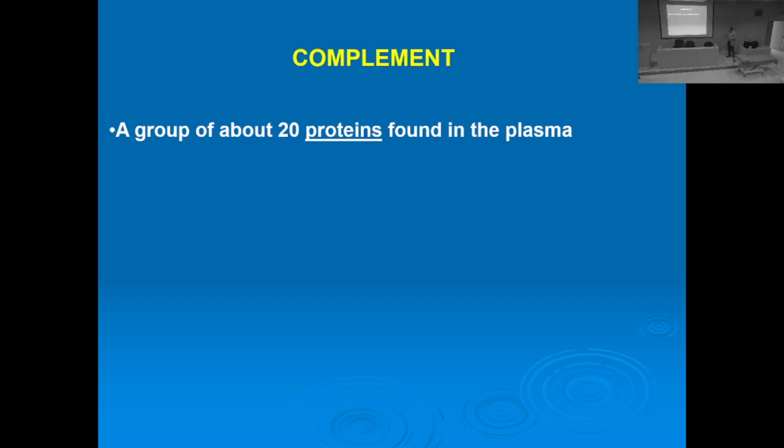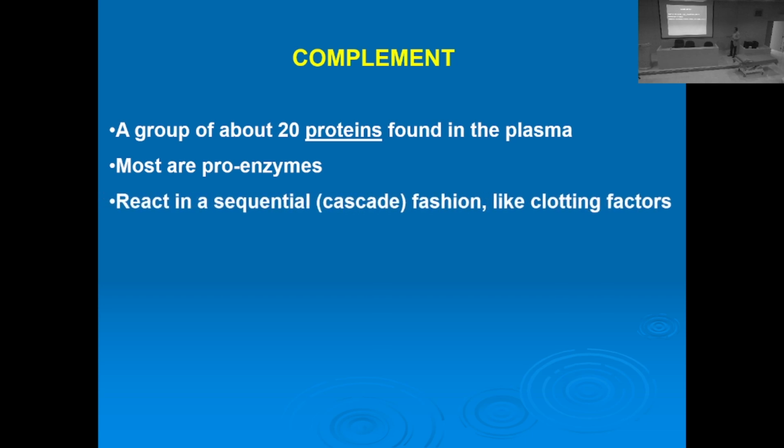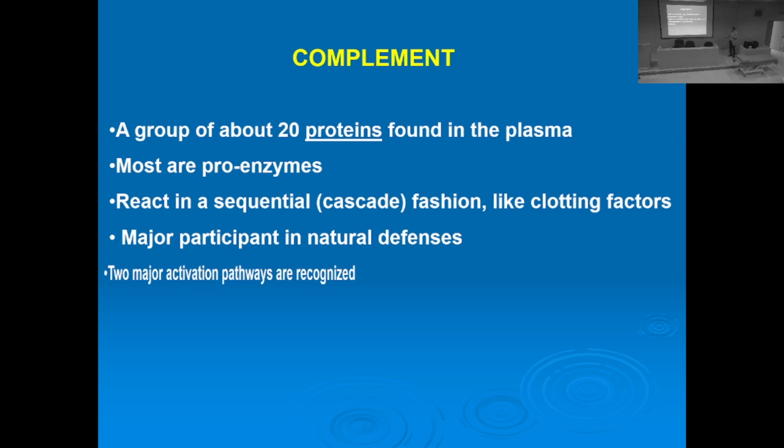Okay, so it's 20 proteins found in the plasma, so circulating. Most are proenzymes, as I've just said, they do not have enzymatic activity yet. They get their enzymatic activity once the activation starts. Then they react in a sequential cascade fashion like clotting factors, as I've just said, and are a major participant in natural defenses of the organism.